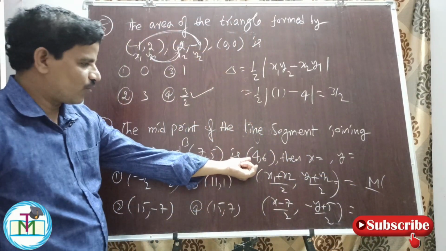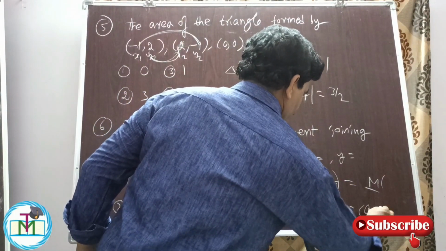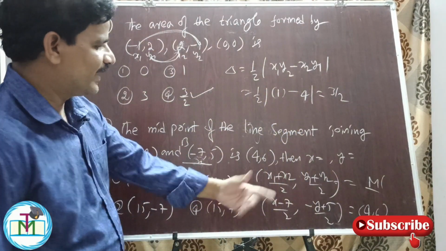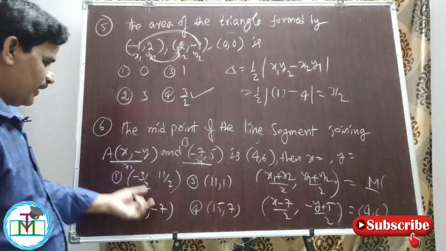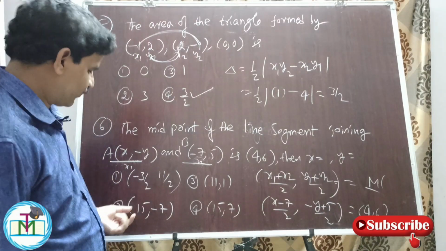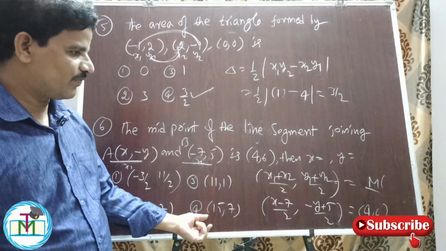Midpoint is already given in the question, 4 comma 6. We can check one by one, or we can equate those values and we can get, as all are different except in option B. In option 2, 15 is there, here also 15 is there.